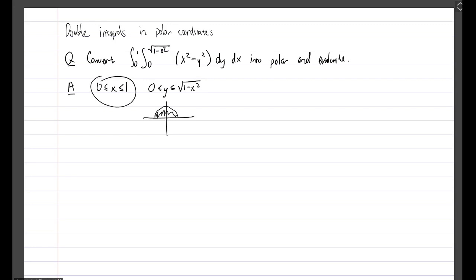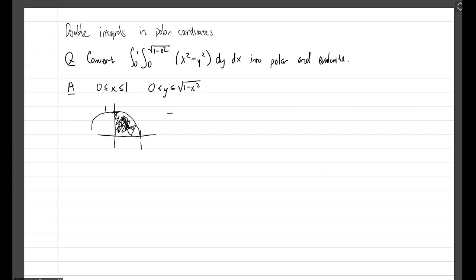But then we have this additional restriction that x needs to be positive. So forget the second quadrant stuff, we need x to be between 0 and 1. So we actually have a quarter of the unit circle.